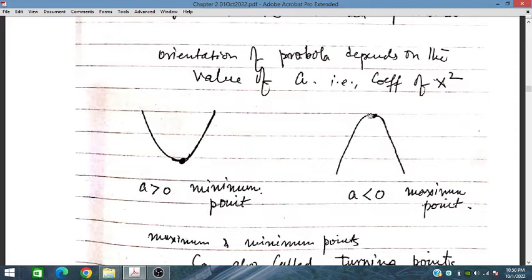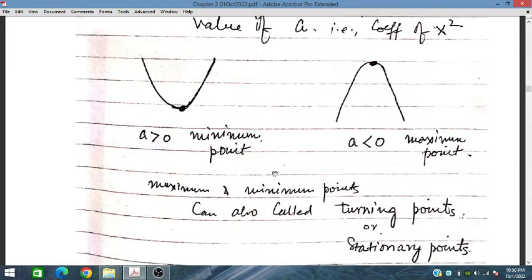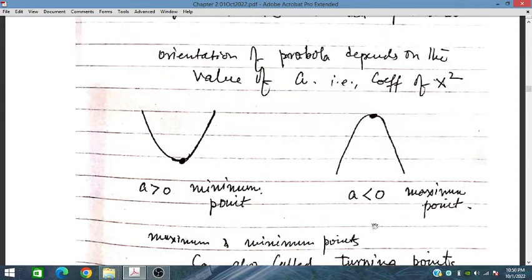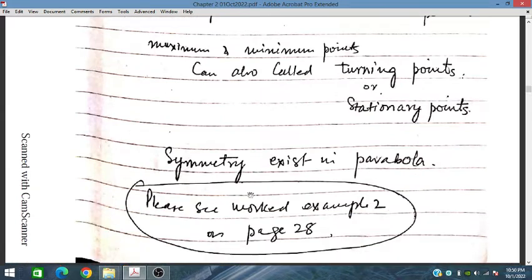So here we have a maximum value, or here we have a minimum value. Maximum and minimum points can also be called turning points or stationary points. Symmetry exists in a parabola. This is also a feature of a parabola.